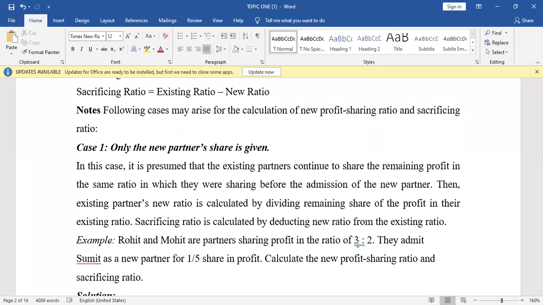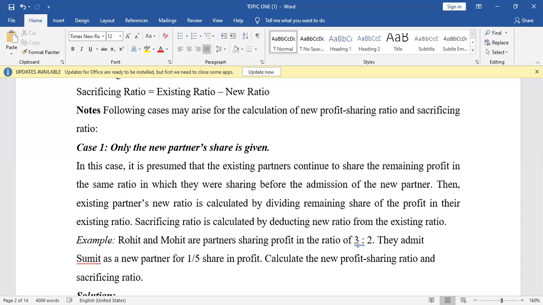Now the first thing I need to find is the new ratio. If the total profit is 1, then 1 minus 1/5 gives 4/5, which is the remaining share to be shared between the old partners.